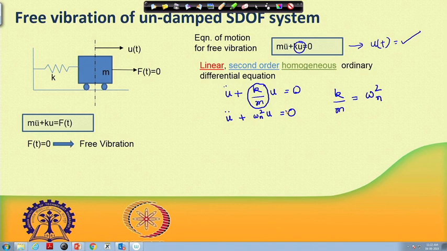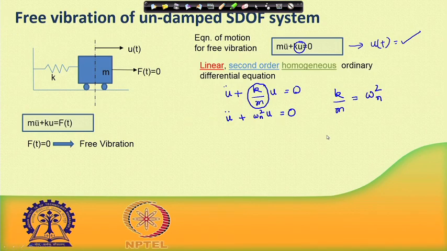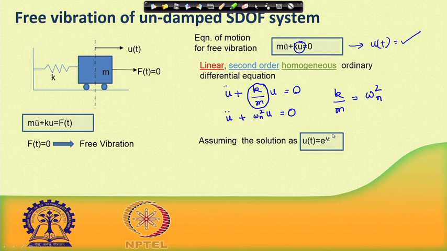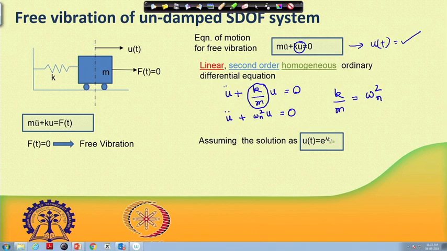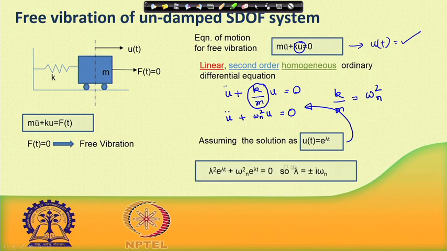Okay. So, now how are we going to solve the problem? We all know how to solve this. One way is to assume u t equals e to the power lambda t. If we substitute this back into the equation, we get lambda square e to the power lambda t plus omega n square e to the power lambda t equals 0.